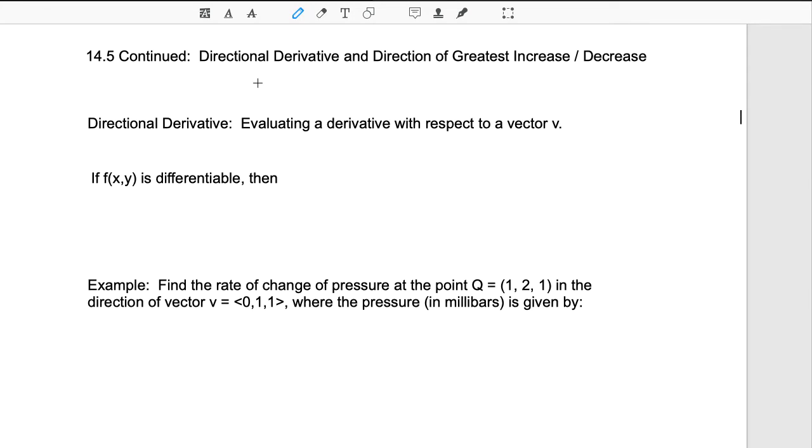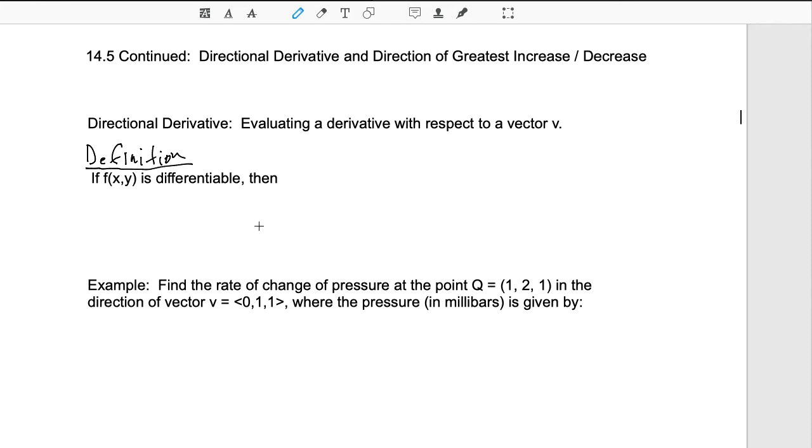Let's start with directional derivative. It's pretty easy. We're going to be using a dot product. So this is a definition here. I just pre-wrote some stuff before I started.